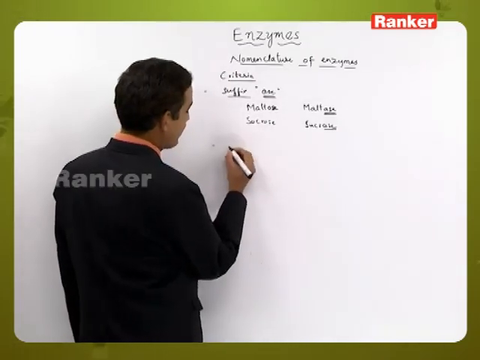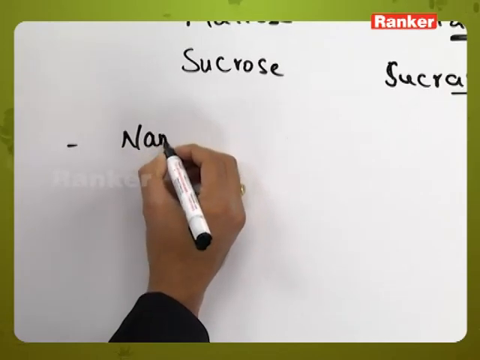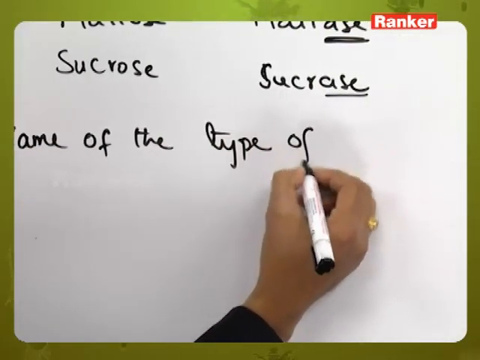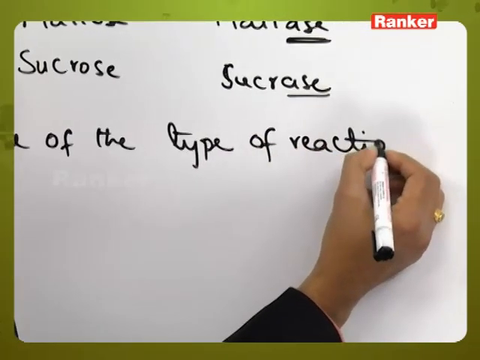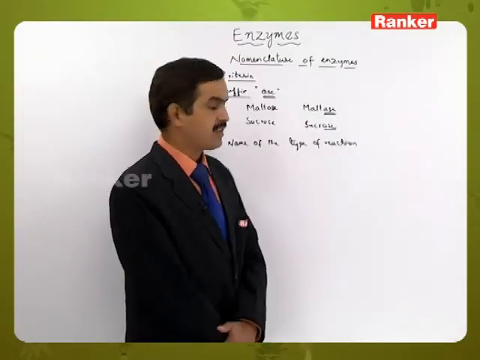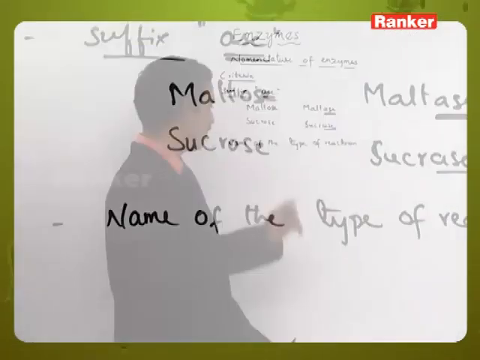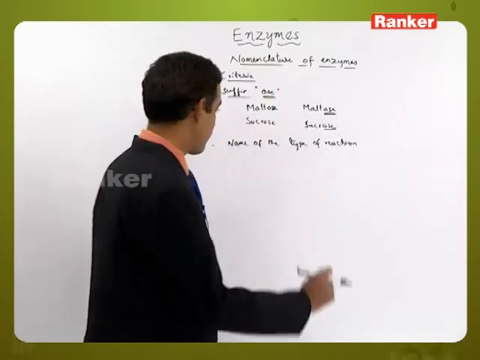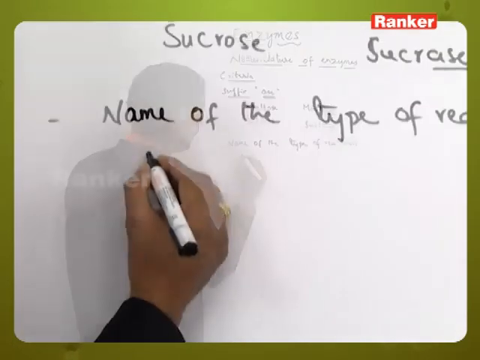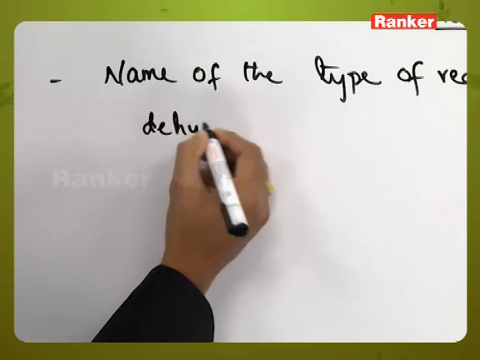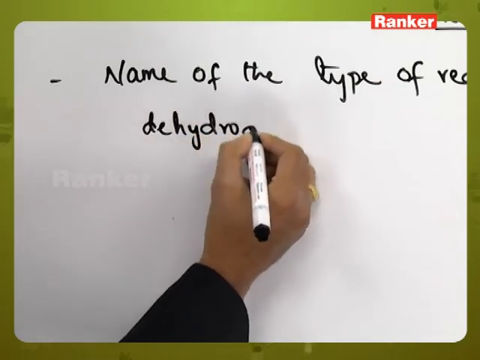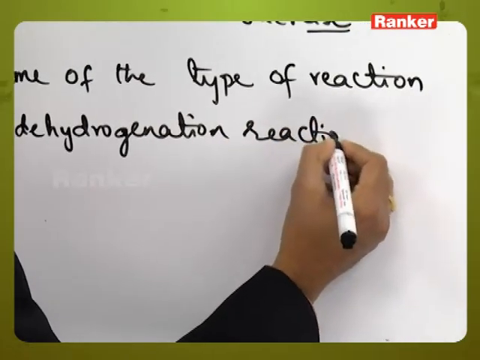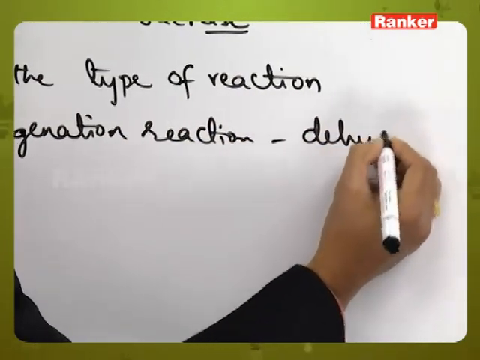And next one is based on the name of the type of reaction. The second criteria for nomenclature of enzymes is the name of the type of reaction in which the enzyme is participating. For example, if the enzyme is participating in a dehydrogenation reaction, we call this a dehydrogenase enzyme.